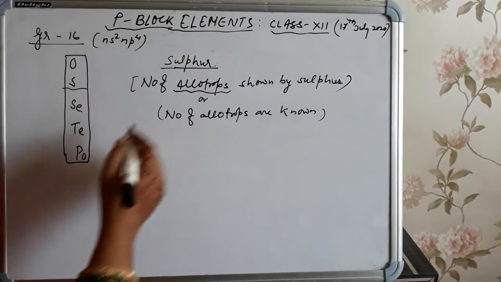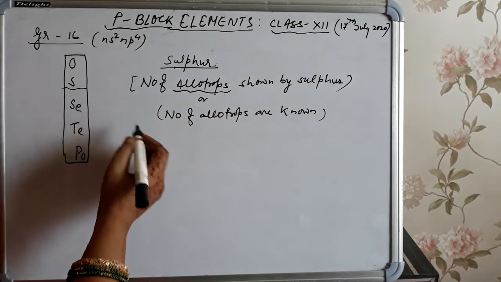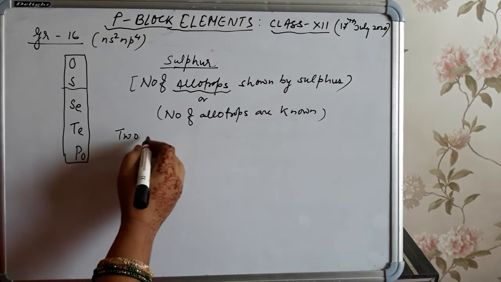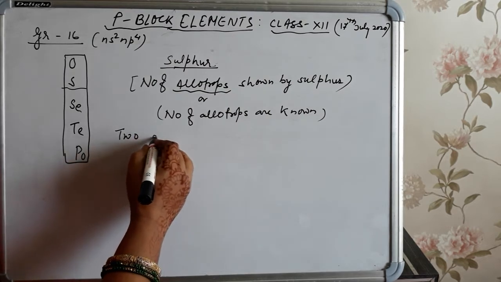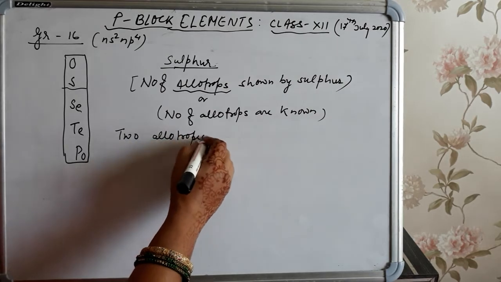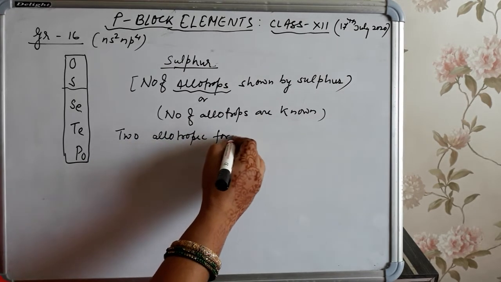Out of the number of allotropes known, we will discuss only the main allotropes of sulfur. Two allotropic forms are main.